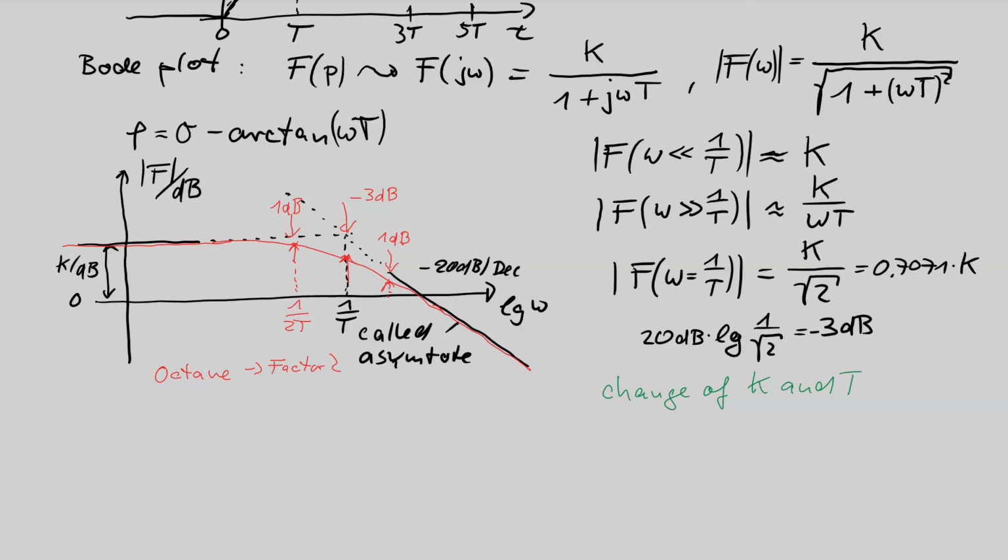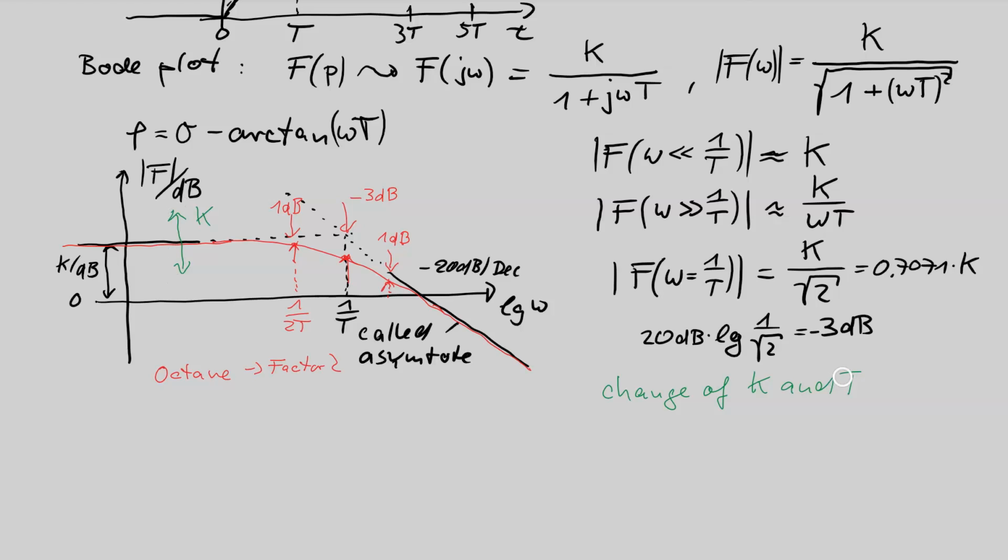If k changes, and this point is the same, you see the curve is just shifted up and down without changing the shape of the curve, because the gradient is always the same, this position is the same, so the curve just moves up and down.